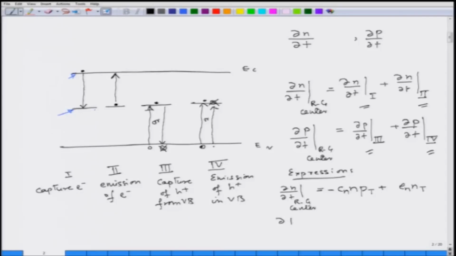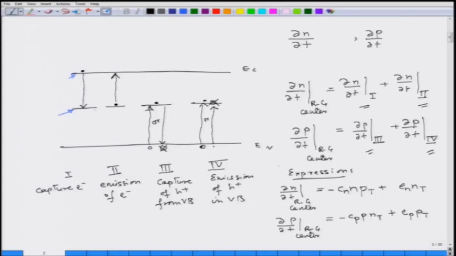Similarly, I can write the change in the hole concentration. The only difference here is that my subscripts will change. So, here it will be the capture coefficient for holes multiplied by n of t, you need occupied states for that, and the emission of holes and P of t.